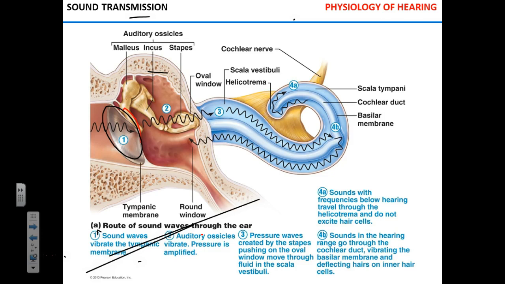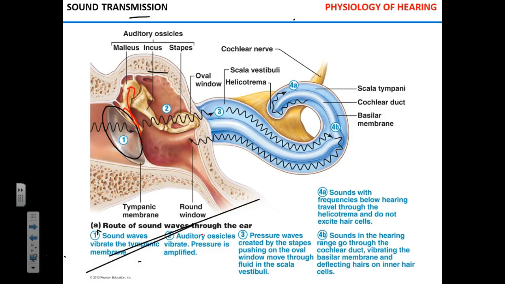What happens to the tympanic membrane when the sound waves reach it? It starts to vibrate. Does that make sense? As it vibrates, those vibrations, where are they transmitted to? The auditory ossicles. Can you see them? So as they are transmitted to auditory ossicles, in which order do they start to vibrate?